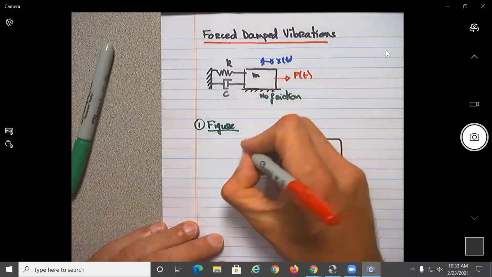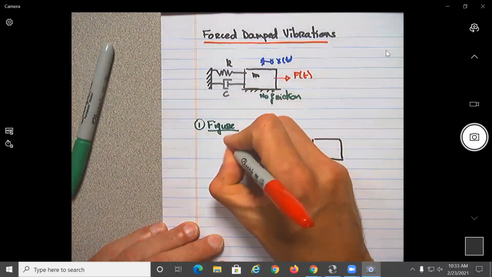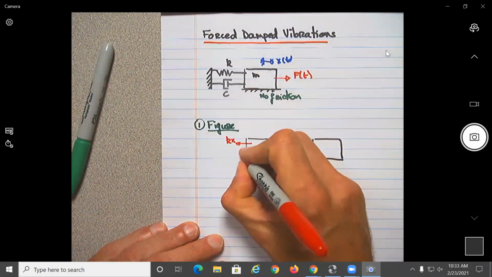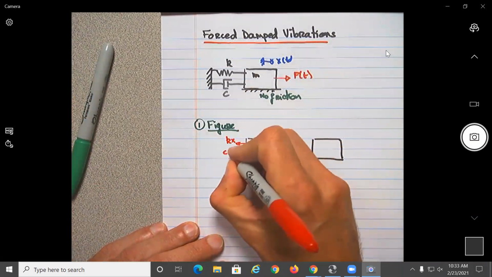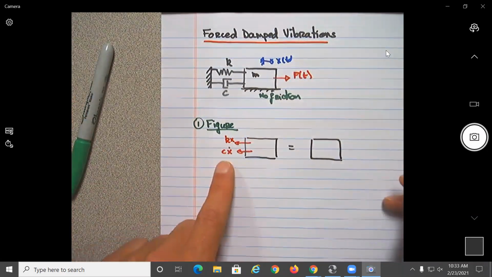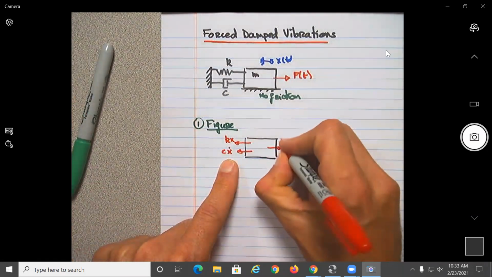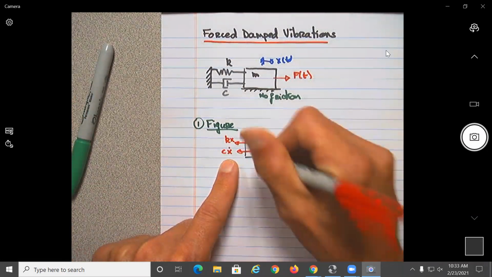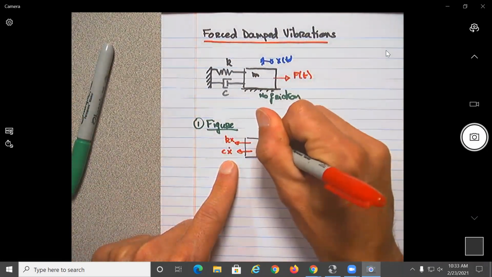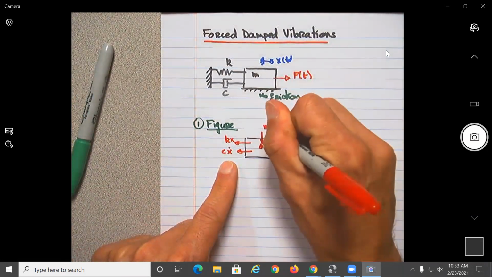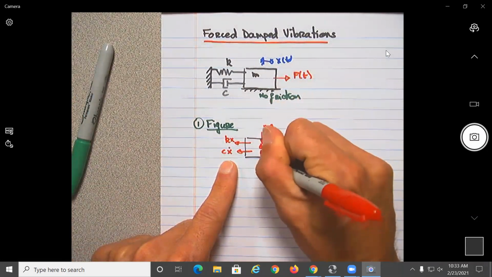One of the forces here will be kx. What do we know about the force of the damper? You know that the force of the damper is always proportional to the velocity, for viscous damping. What else do we have? F of t. Then these ones, we don't need them, but let's put them if you want: mg and the normal force.